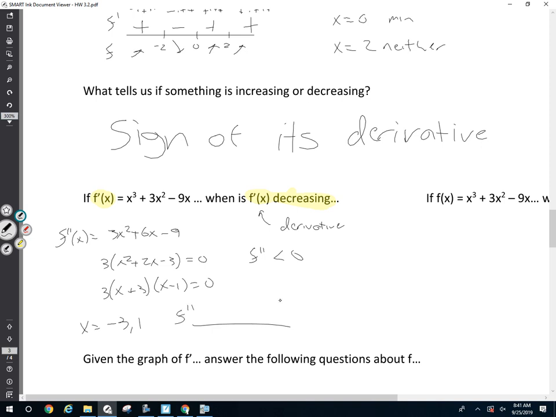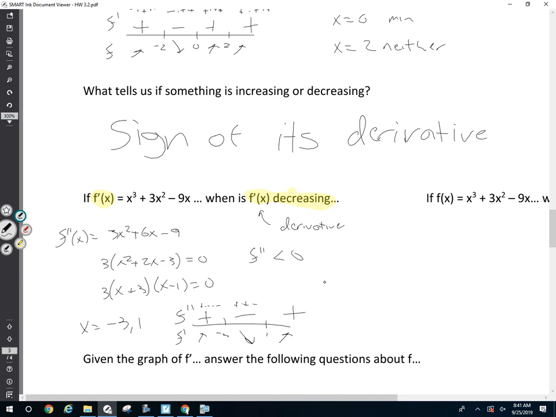Now watch what happens. Plugging in test points around negative 3 and 1, positives, plug in 0, positive, positive, negative, negative, plugging in negative 4, positive, negative, negative, positive. F prime is increasing, then decreasing, then increasing.